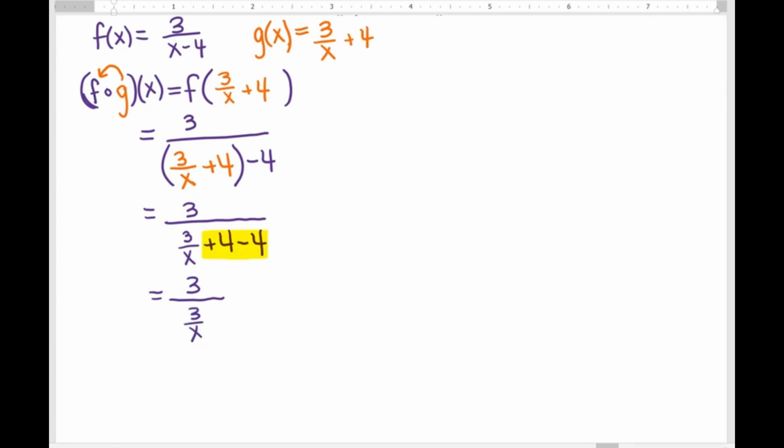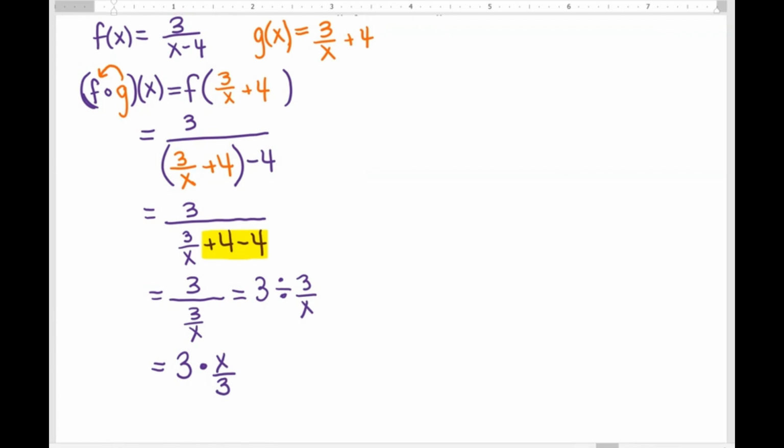Remember, whenever we divide by a fraction, and that's what we're doing right now, we have 3 divided by 3 over x, we get to multiply by the reciprocal of the second fraction, which is a fancy way of saying times the flip of the second fraction.